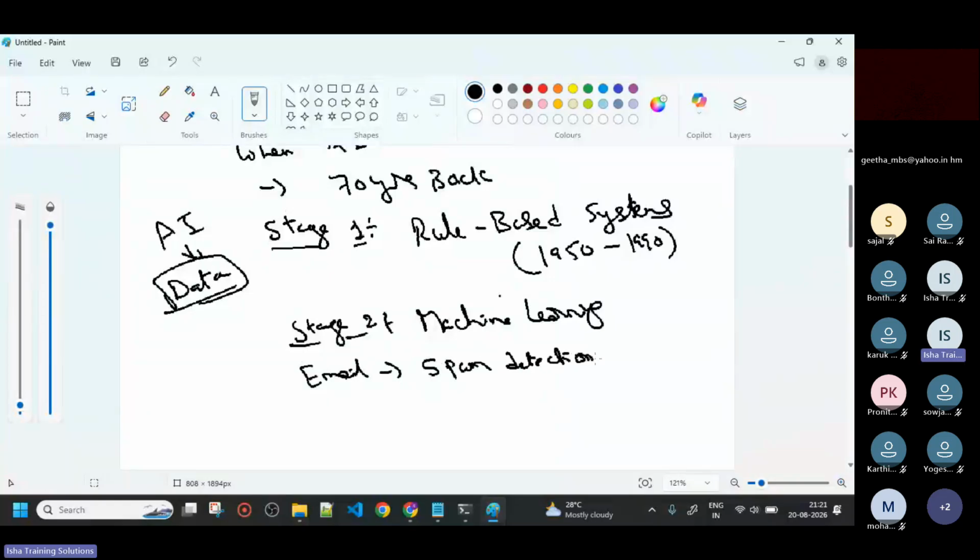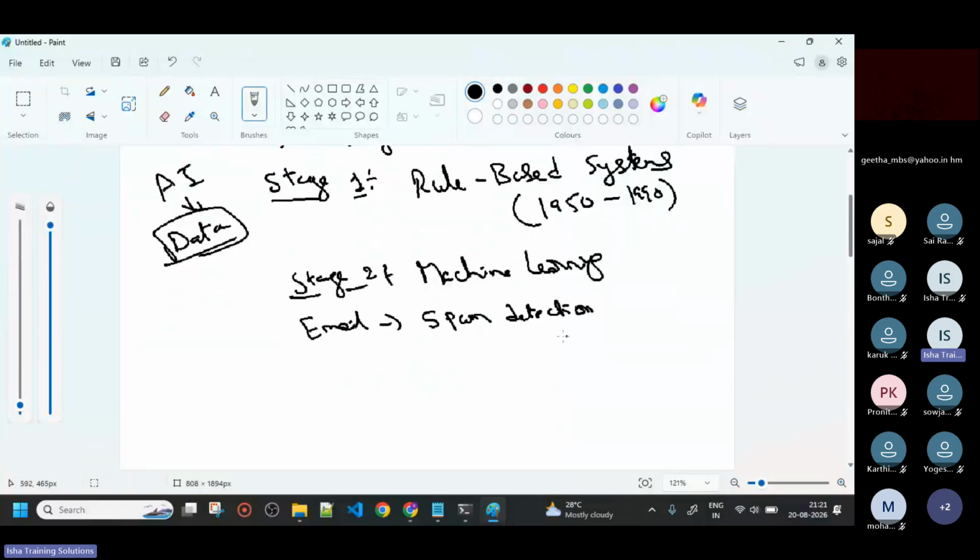I will discuss machine learning in more depth in further classes. For spam detection in email, instead of writing rules, they trained it with different sets of emails, from a million emails, so that it understands the pattern: if this comes, move it to spam.